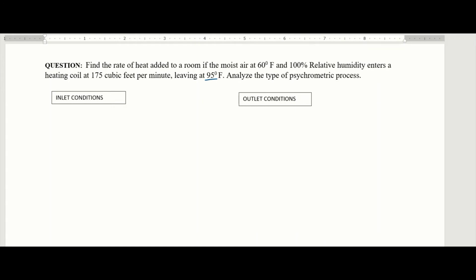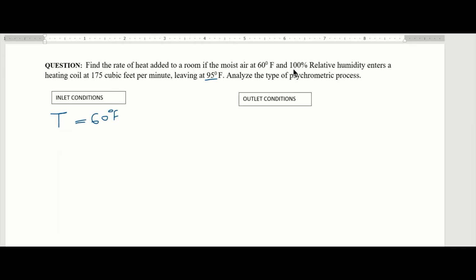So for my inlet conditions, I'm given that moist air at 60 degrees Fahrenheit, which is my dry bulb. So I can call it my dry bulb T. My dry bulb is equal to 60 degrees Fahrenheit. Remember that we have to have two state points. The inlet is the first state point, while the outlet is your second state point.